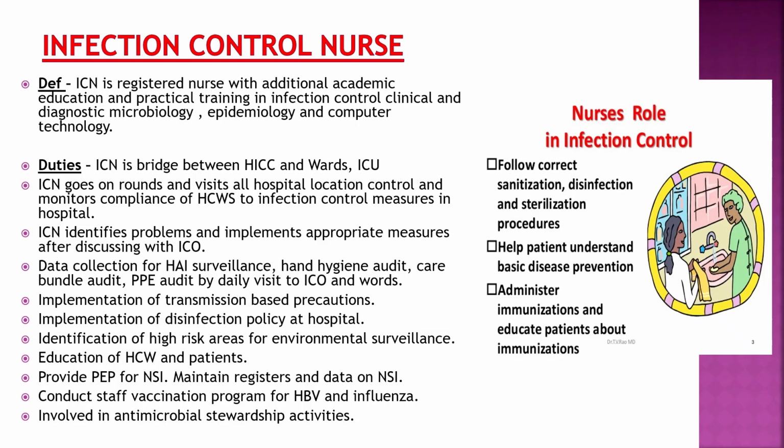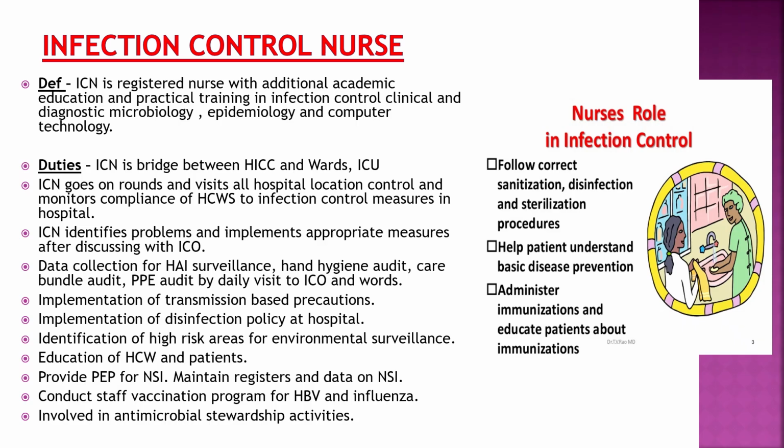The ICN should go on rounds and visit all hospital locations, and control and monitor healthcare workers for infection control measures. They identify problems and implement appropriate measures, collect data for hospital acquired infection surveillance, conduct hand hygiene audits and PPE audits by daily visiting, implement transmission based precautions and disinfection policy, and do high risk area environmental surveillance.